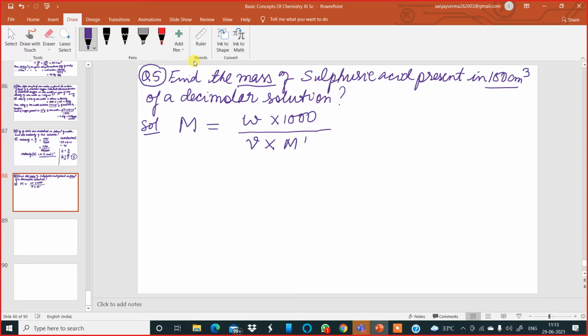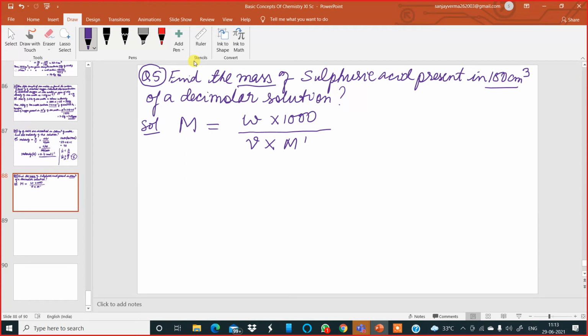Just check. The formula for molarity is M is equal to W into 1000 divided by V into M dash. Correct, no?